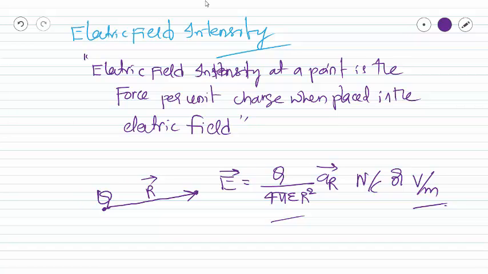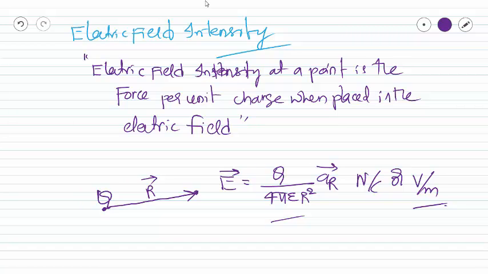So electric field intensity at any point is nothing but the force per unit charge when placed in the electric field. If you want to find electric field intensity at a point, in that region there should be a charge which already exists, which gives the intensity.